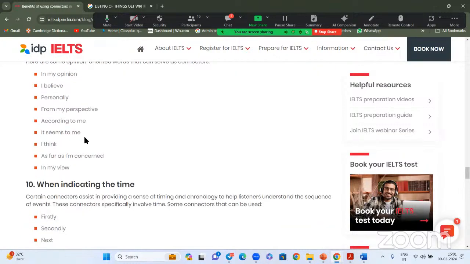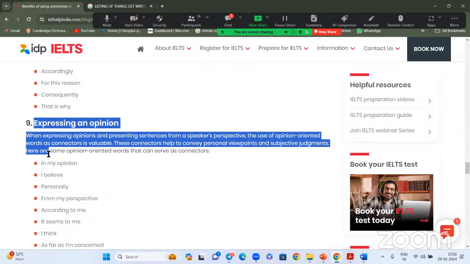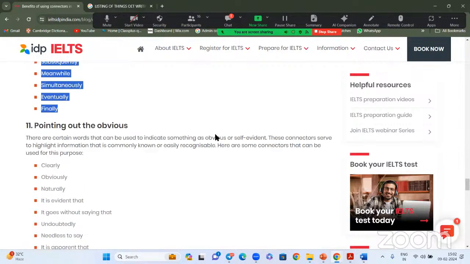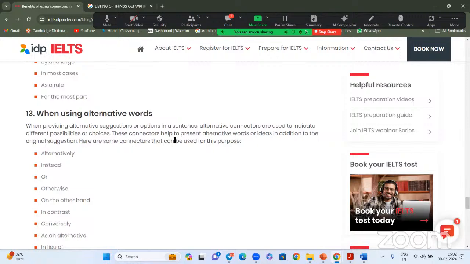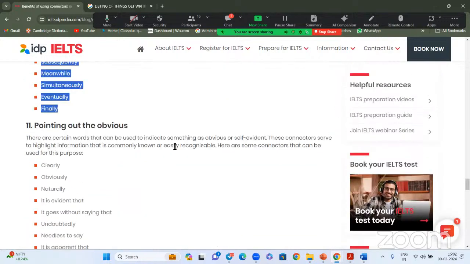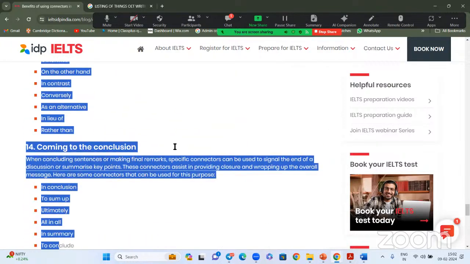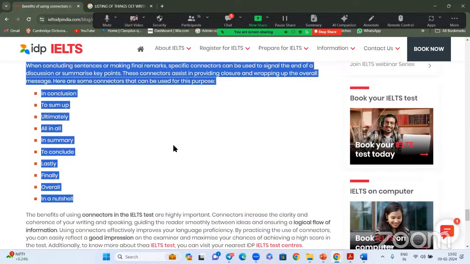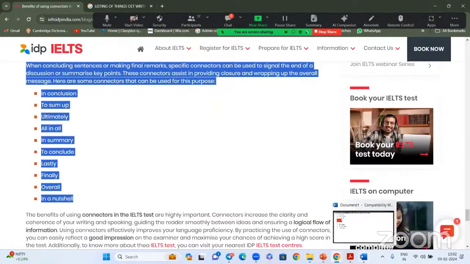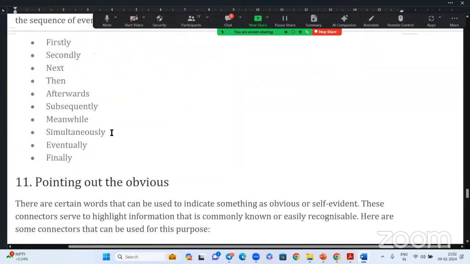In speaking you can use them, because they are useful in speaking. Okay, now let us see this final.